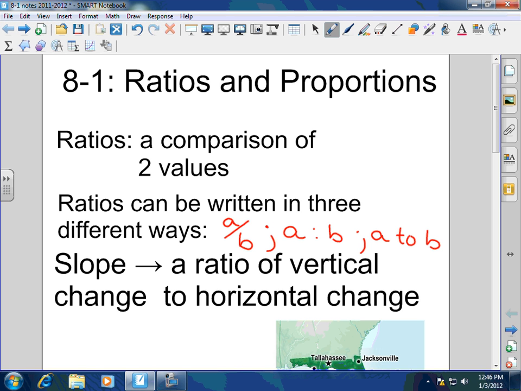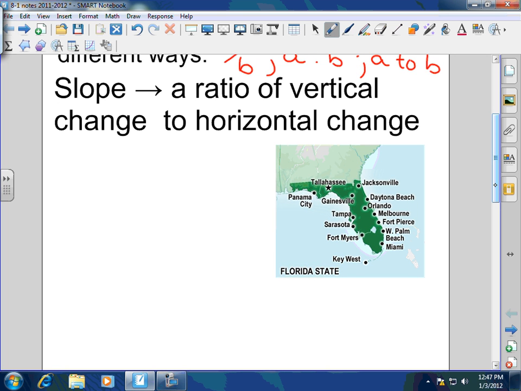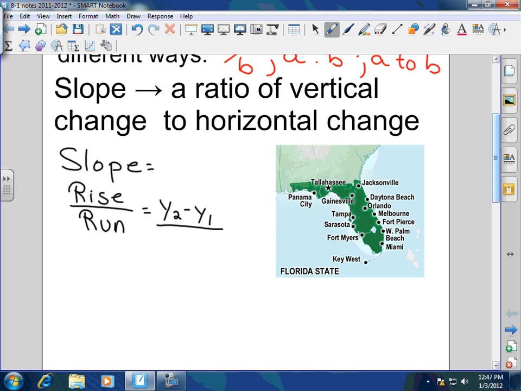Now, slope. Slope is a very popular ratio that we've been working with already. If you really think about it, slope is the ratio of the vertical change to the horizontal change. If you remember, we defined slope as the rise over the run, where the rise is the vertical change, or y2 minus y1 over x2 minus x1.